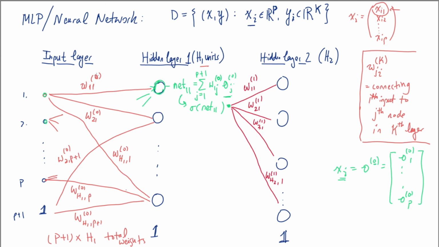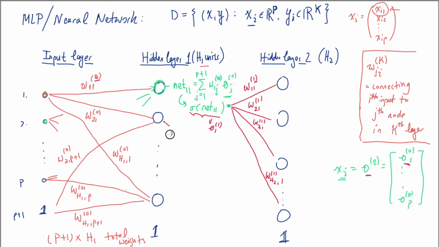The only thing that's changed is that the layer number has gone from 0 to 1, and we're treating hidden layer 1 as our new input. So you can think of these as the new inputs, and in this case I'll call this O_1^1, the output of the first layer.